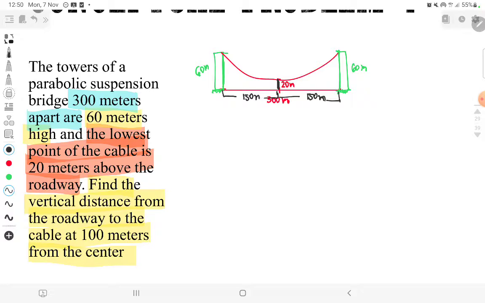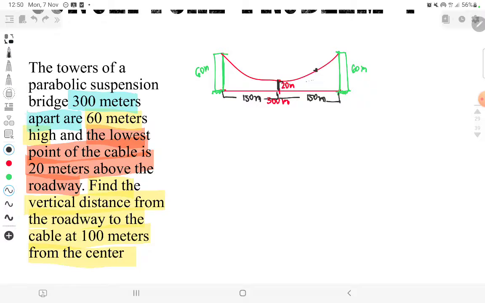Now, the question is the vertical distance from the roadway to the cable at 100 meters from the center. So 100 meters from the center at x. Let's have a point x, y. If our x is equal to 100 meters, what is our y?